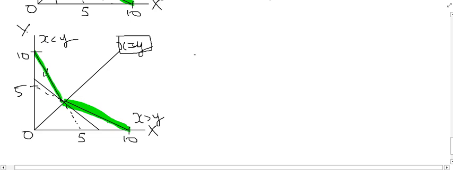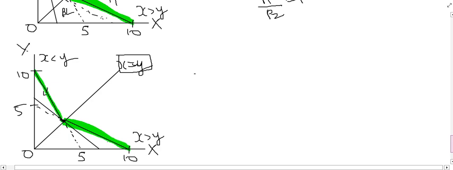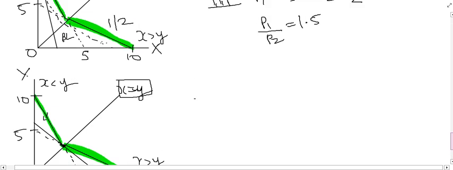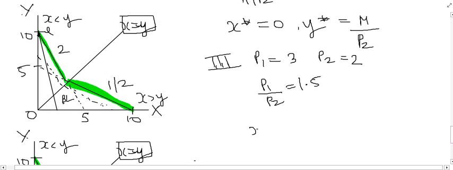Now the highest IC you can reach is at this kinked point where x equals y. You can try to reach any higher IC, but this is the highest IC. So here our x star would be equal to y star, and with some algebraic solving, you will get them to be m upon p1 plus p2.